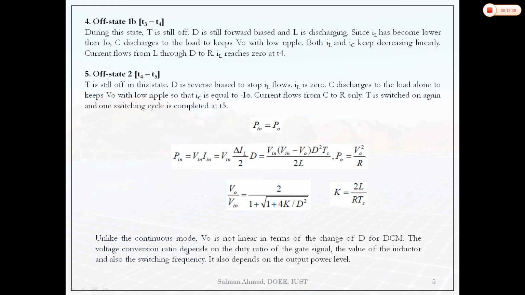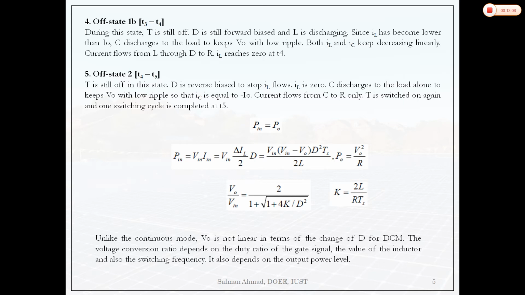The voltage conversion ratio depends on the duty ratio of the gate signal, the value of the inductor because of the terms of K, and also switching frequency. So here you can say that the K actually depends on the inductor, the load, and the switching frequency. So that means voltage conversion ratio will be dependent upon duty cycle, inductance, load, and switching frequency.